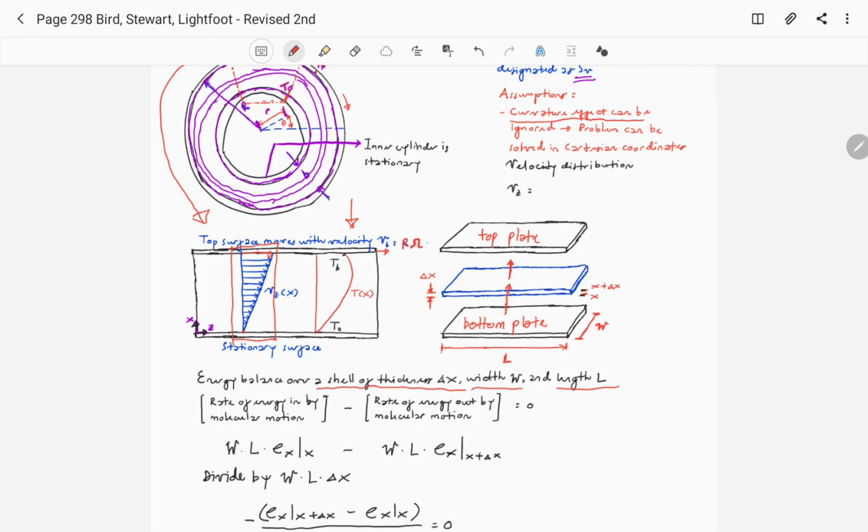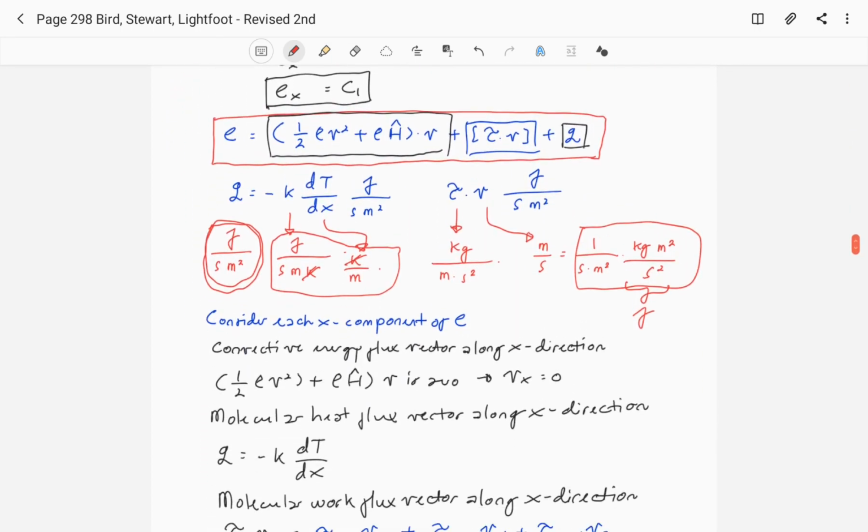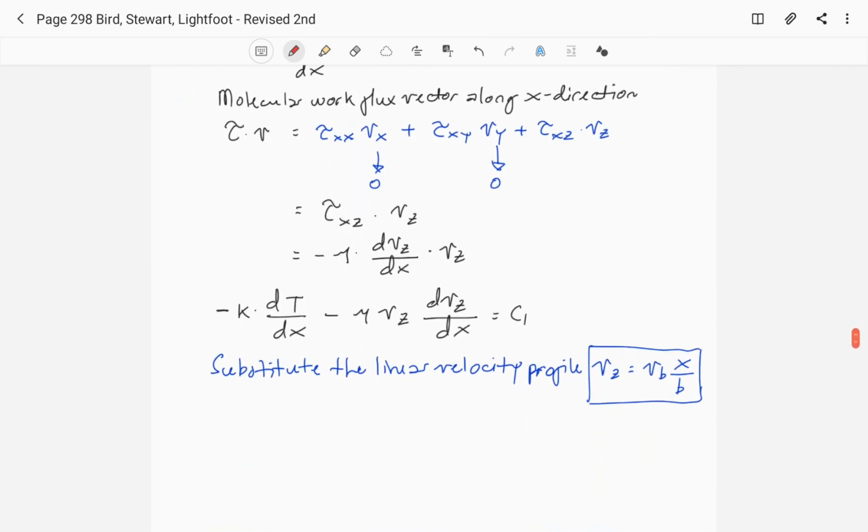So you have basically a velocity profile that varies linearly with x. Okay, I'll stop this video here and I'll continue the derivations until the boundary condition in the next video. Thank you for listening.